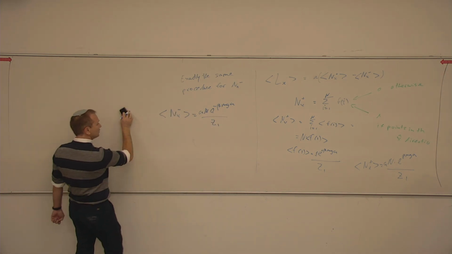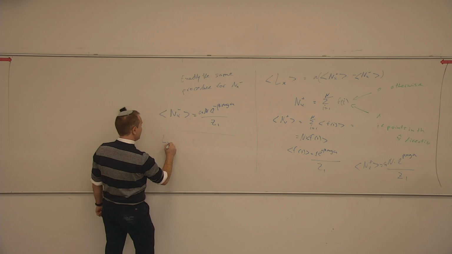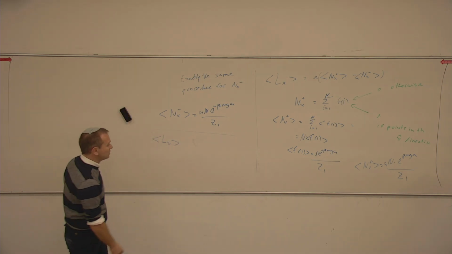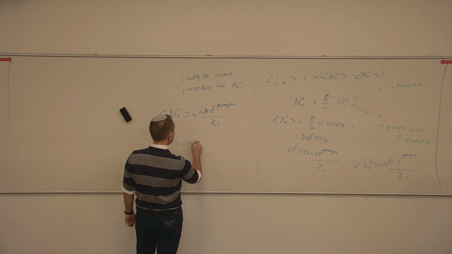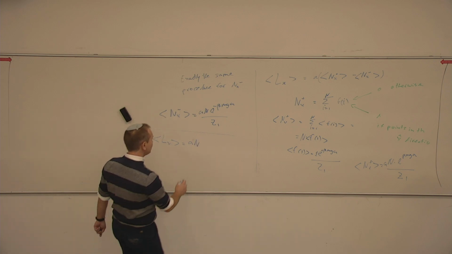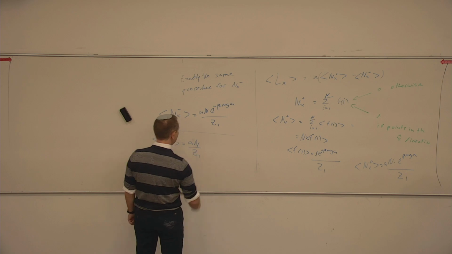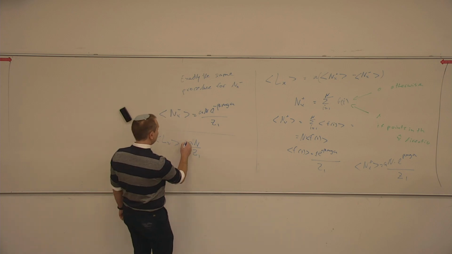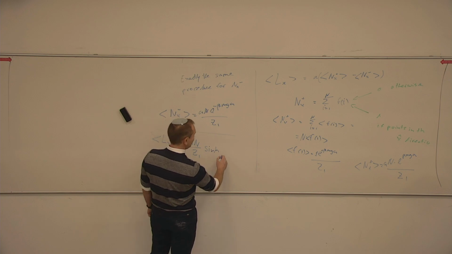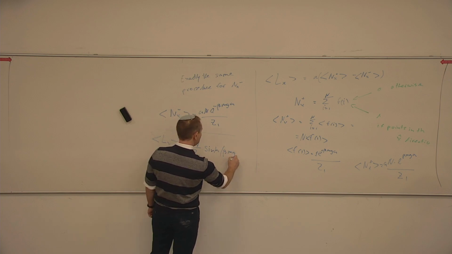So in total, what we obtain is that Lx average equals A multiplied by n divided by z1, multiplied by 2 hyperbolic sinus of beta mga.